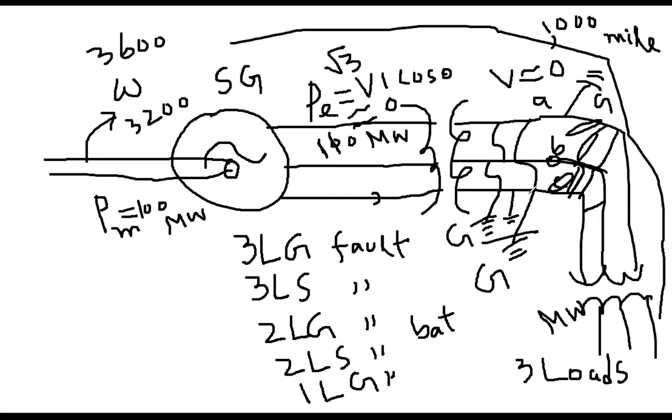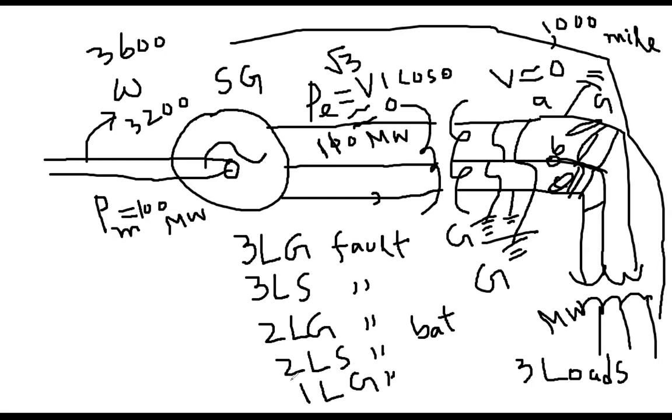There will be a very high value of current, and that current will flow through the grounding system. And if you are here, then you might get shock. That's why 3LG is the most severe, then 3LS, then 2LG, then 2LS, and finally 1LG. This is the severity ranking.